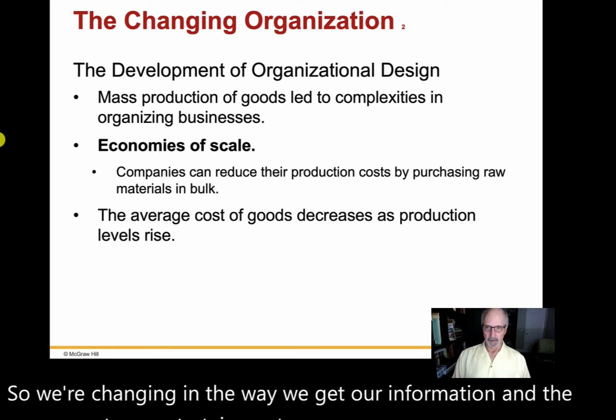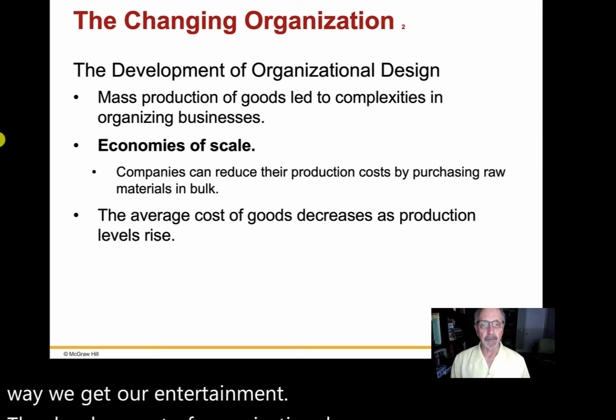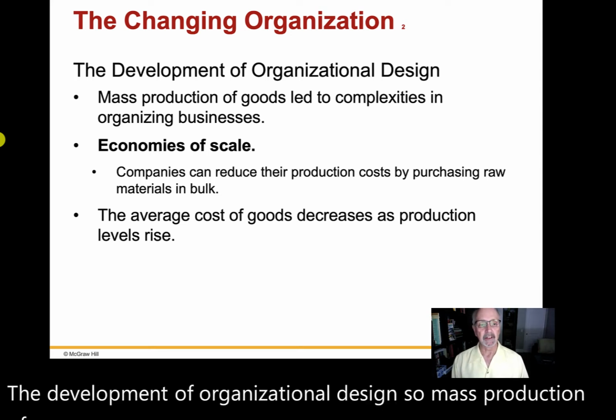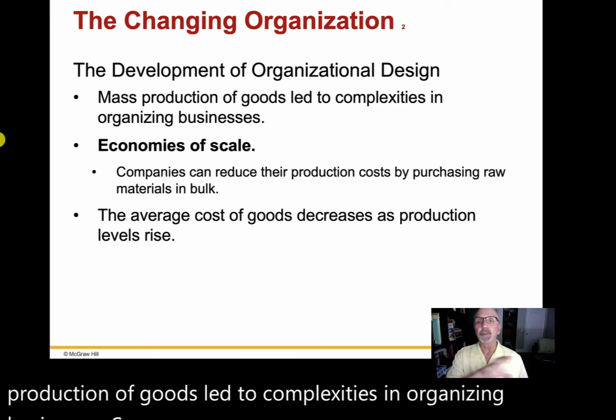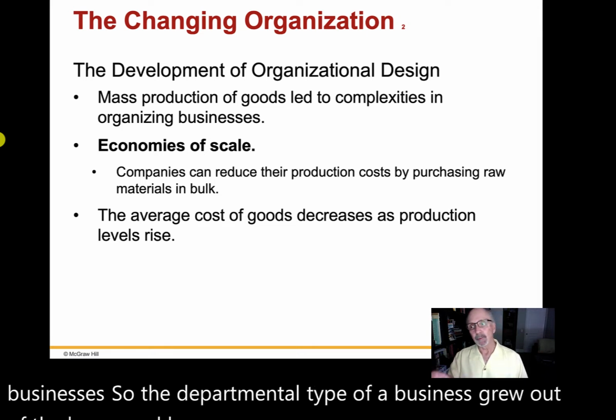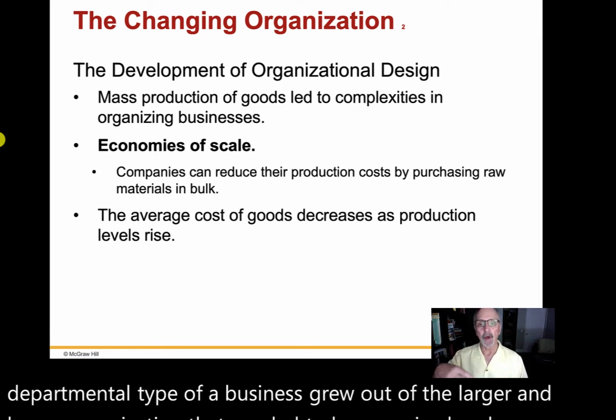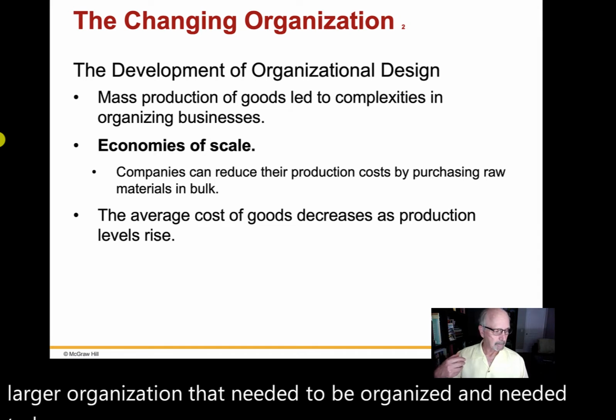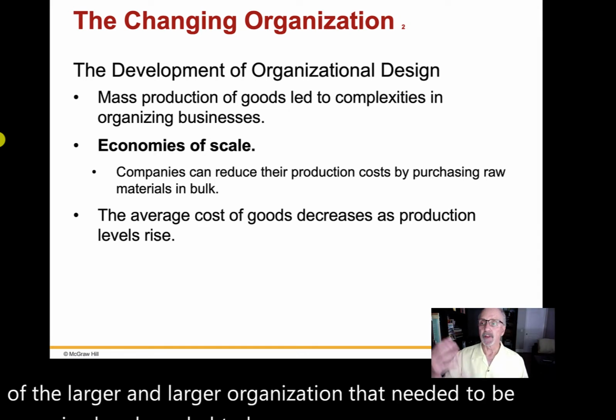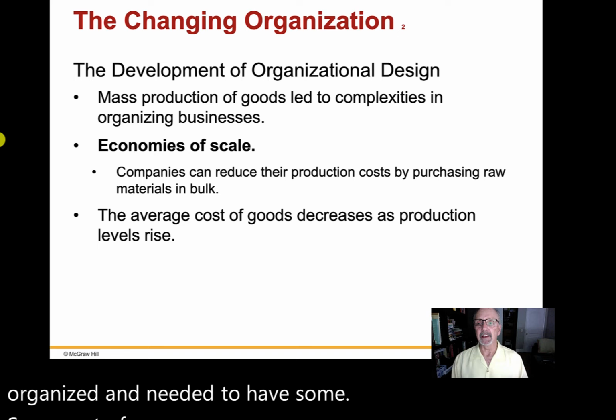The development of organizational design. So mass production of goods led to complexities in organizing businesses. So the departmental type of a business grew out of the larger and larger organization that needed to be organized and needed to have some sort of process for movement of data through the organization.